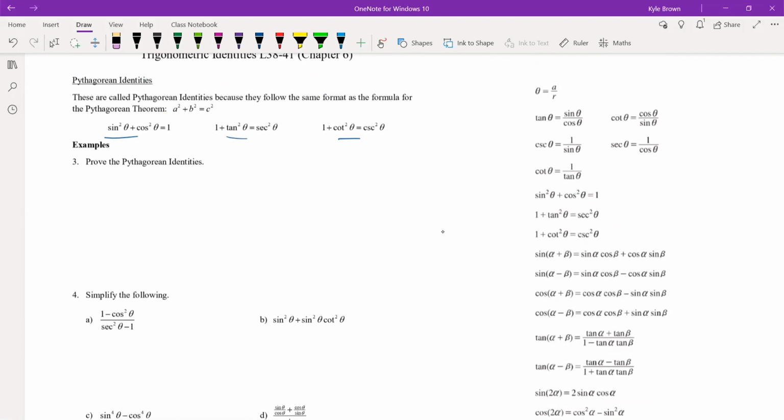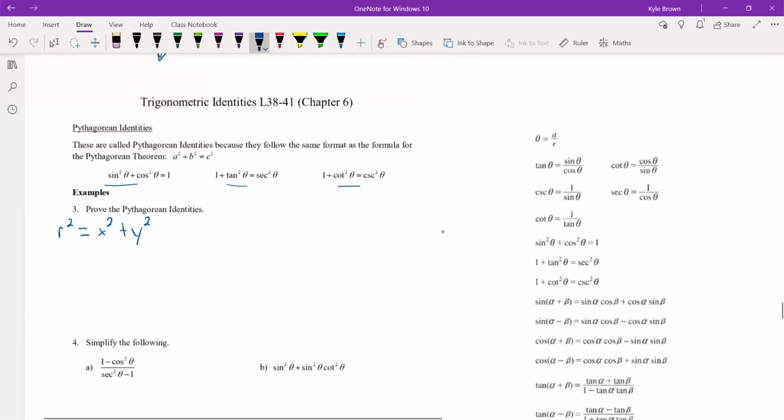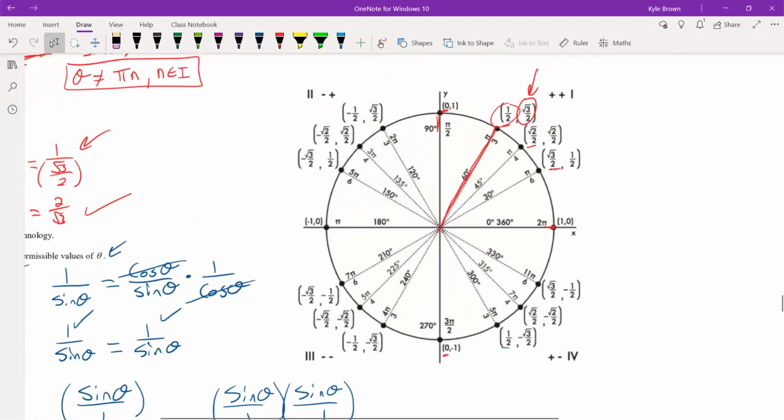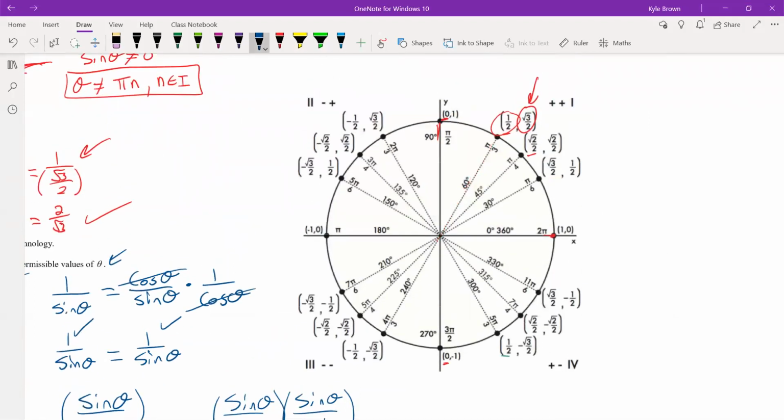What this comes from is if you had r squared is equal to x squared plus y squared. So just Pythagorean identity. And if you remember, looking at your unit circle here, my hypotenuse has a length of 1, right? That's like my r value. So that's 1. And then up and down, that's my sine value, so sine theta.